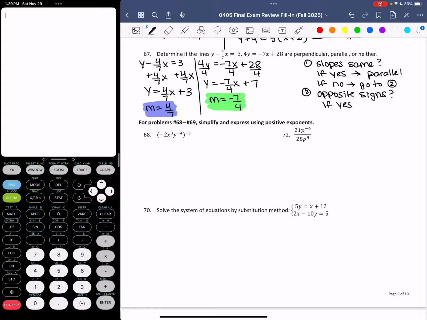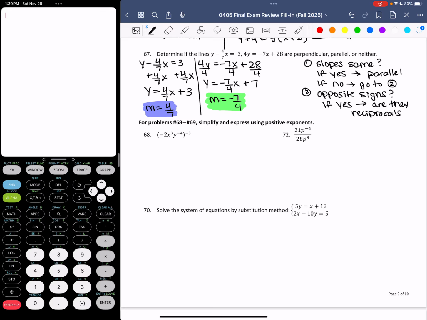If yes, are they reciprocals? If no, neither, right? So, y'all, I just really don't have the best way to do this. I'm sorry. But I'm giving you all the information, so however you want to write this. Are they opposite signs? If yes, are they reciprocals? If yes, perpendicular. If no to any of these things, then these would be neither.